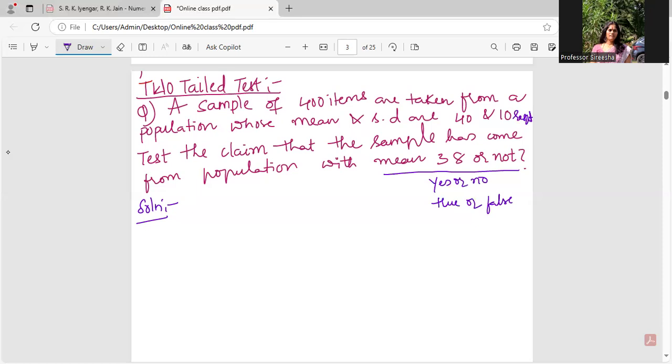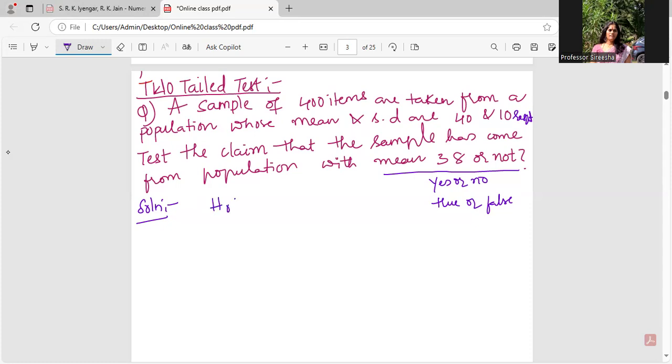He is asking for both: yes or no, true or false, right or wrong kind of things. Whenever he is asking that, make sure that you use a two-tailed test in the alternate hypothesis. Otherwise, as discussed in my earlier videos, you will be looking at the sample mean and the population mean and accordingly setting the alternate hypothesis. Chalo, let's do this problem.